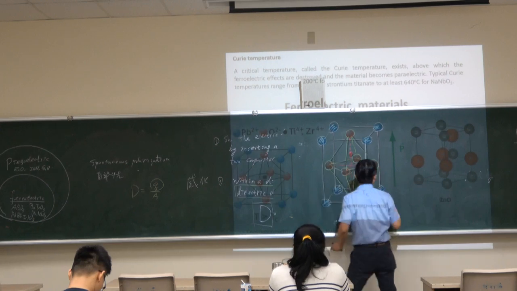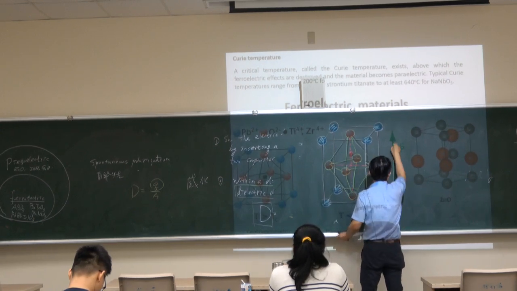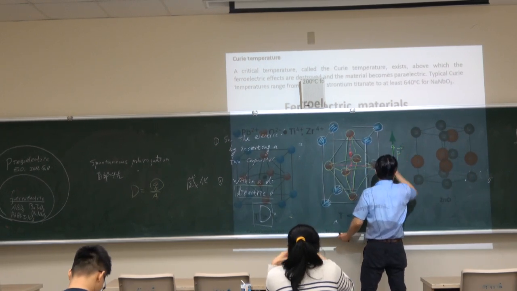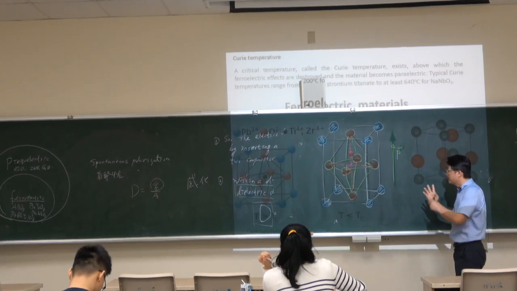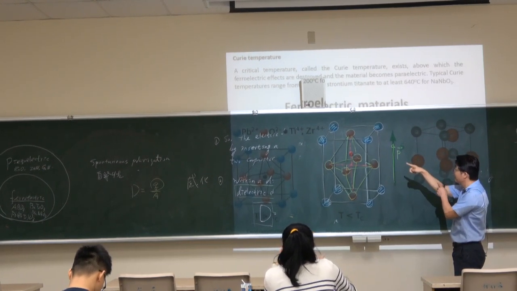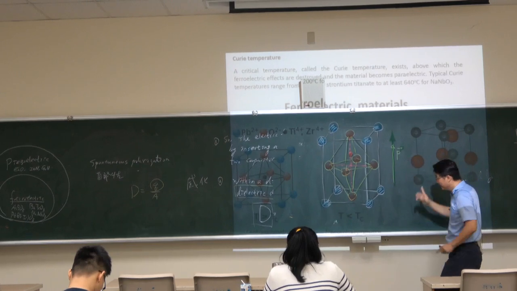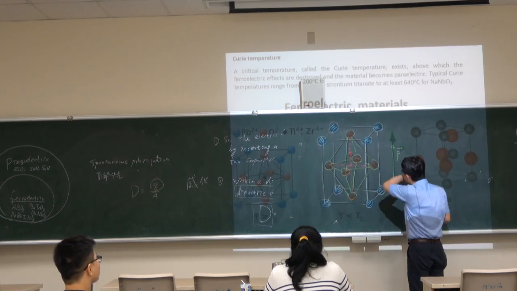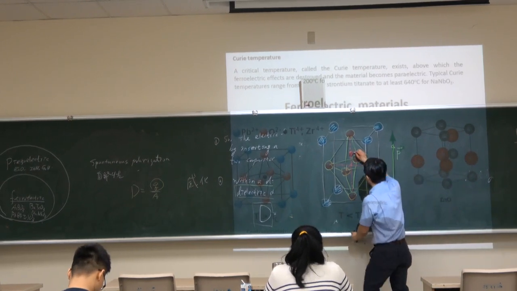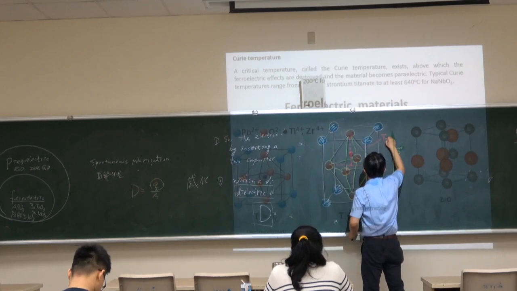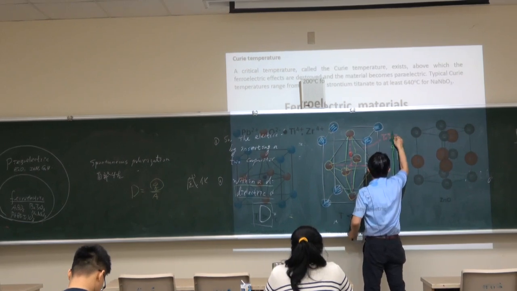Shift to this position, right? So we know there is a poly, right? But now this atom is right this way, right? If I apply, this is the titanium or zirconium, right?